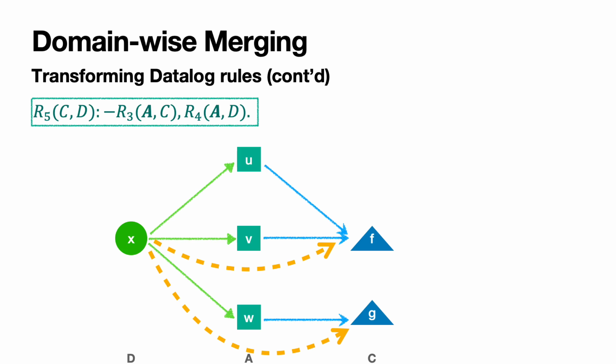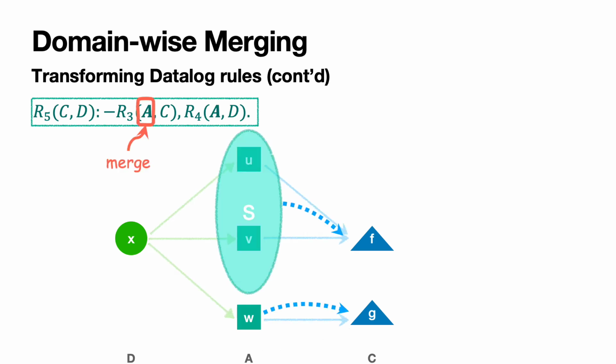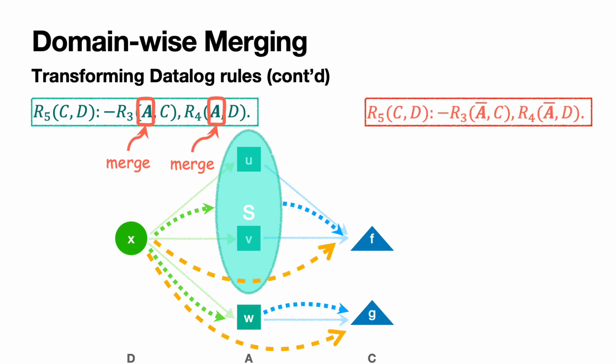Same as before, the first domain of R3 is the sensitivity domain to be merged, and U and V are merged into S. This merging should have been performed in previous rules which derive R3. Then there are two subcases. If the first domain of R4 is also the sensitivity domain to be merged, the same merging should have been performed on it as well. Both joining domains are lifted to abstract domains, so we make no syntactical change to it.